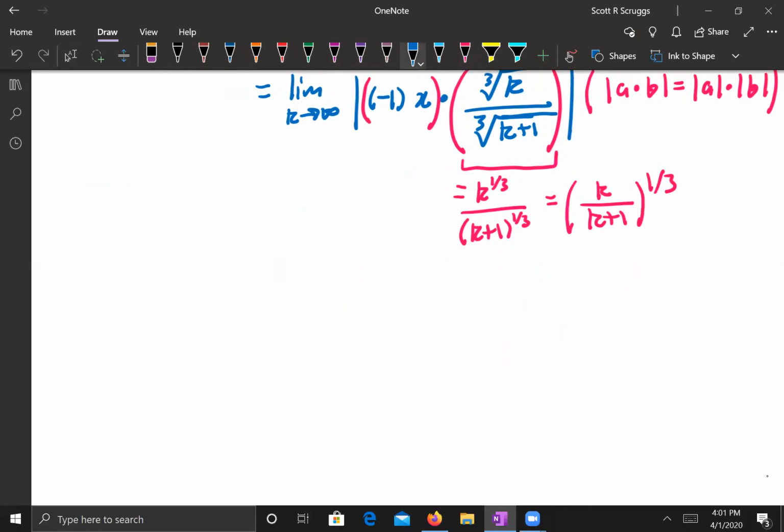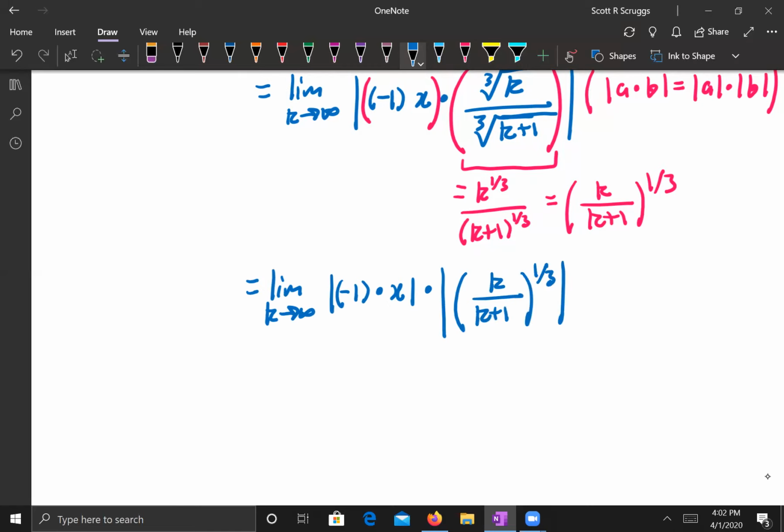So with that, let's go ahead and use our property of absolute value: limit as k goes to infinity of -1 times x in the first absolute value, times the absolute value of k over k plus 1 raised to the 1/3 power.